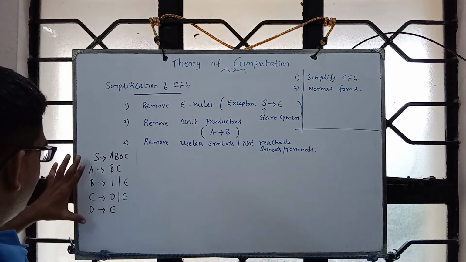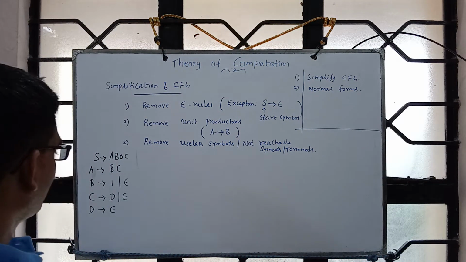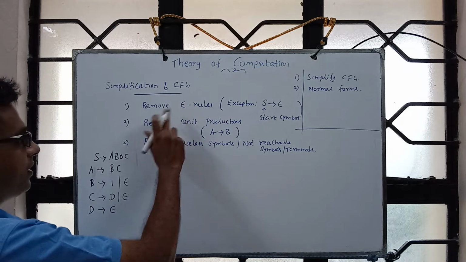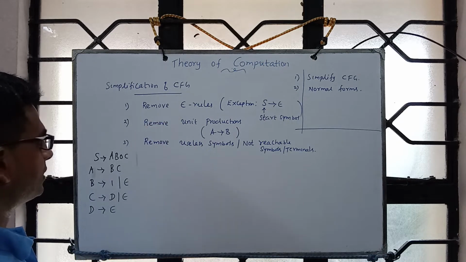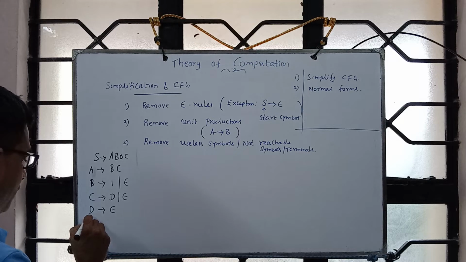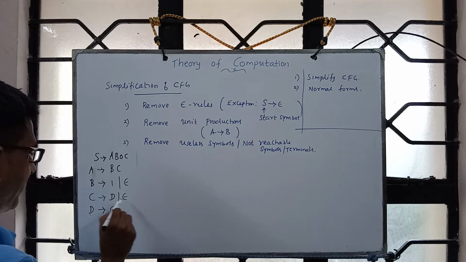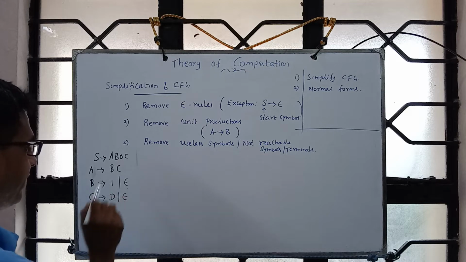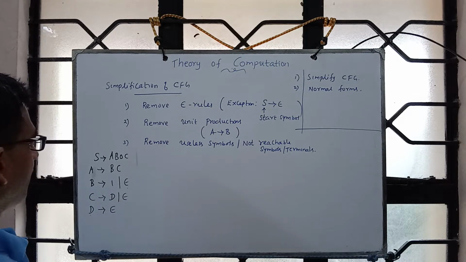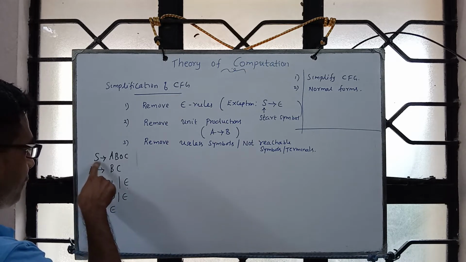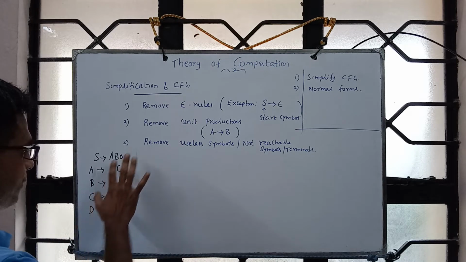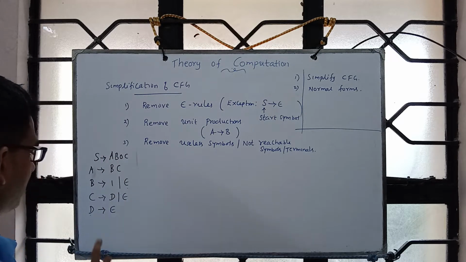Consider this grammar. Now, as part of remove epsilon rules, we want to remove D implies epsilon, C implies epsilon, B implies epsilon. And in this example, we do not have S implies epsilon, so we need not worry about that part.